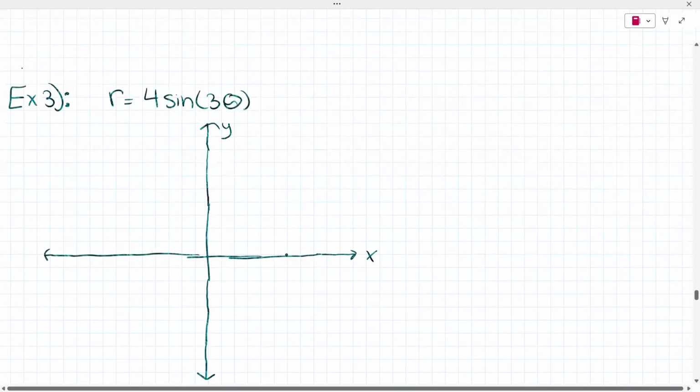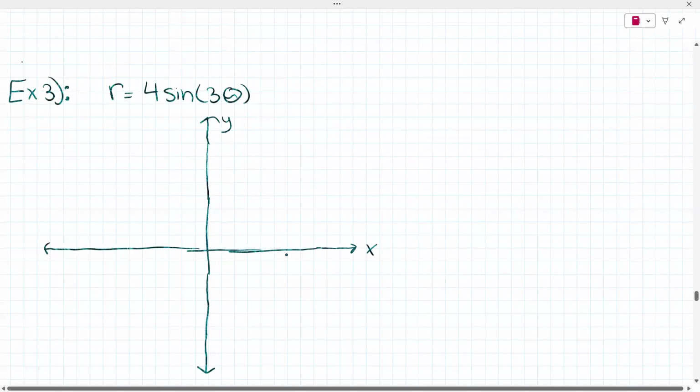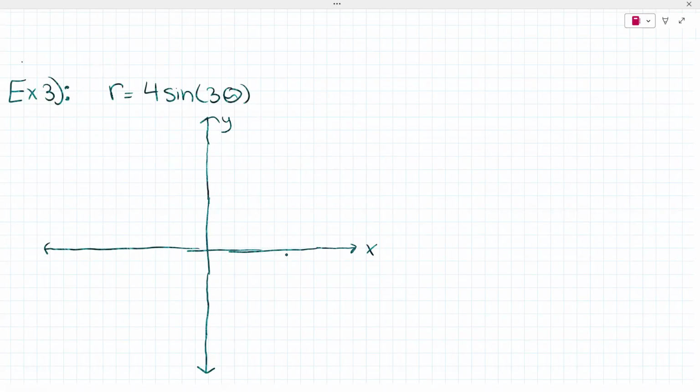Let's move on to example 3. So we have r equals 4 sine of 3 theta. So 4 would be the length, and 3 is odd, so we have 3 petals. So the length is 4. And since 3 is odd, we have 3 petals.